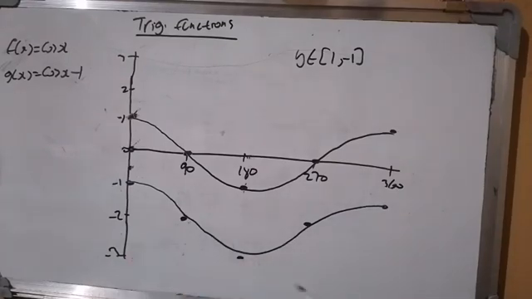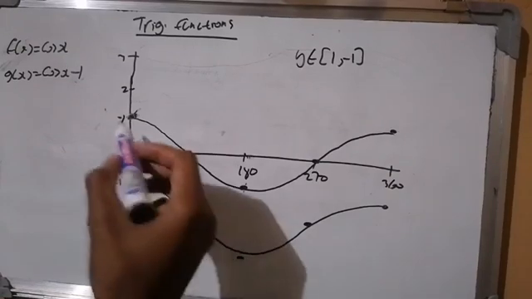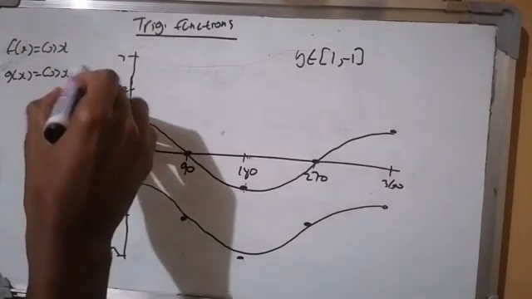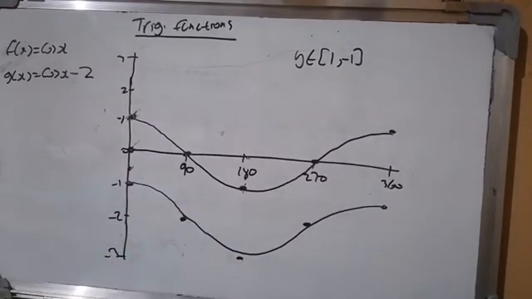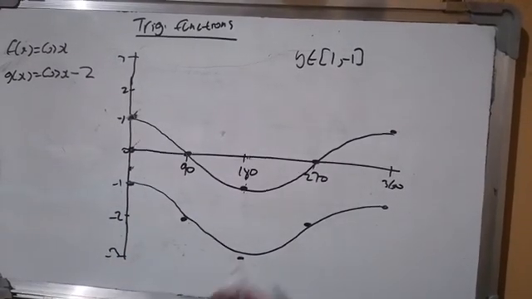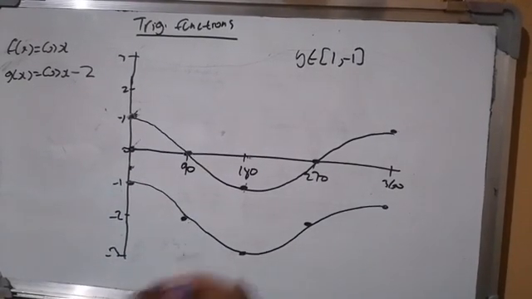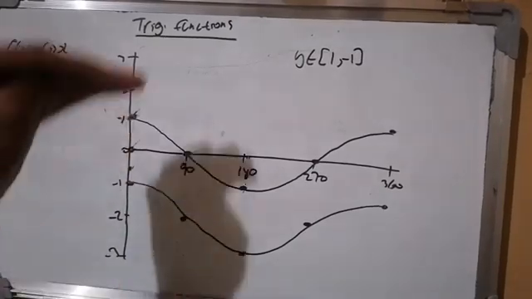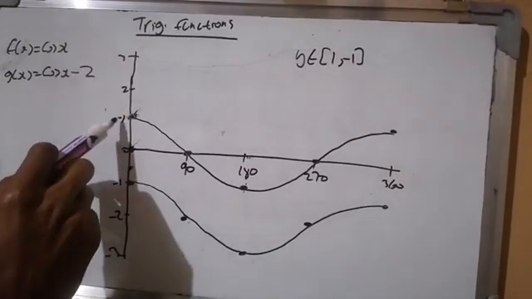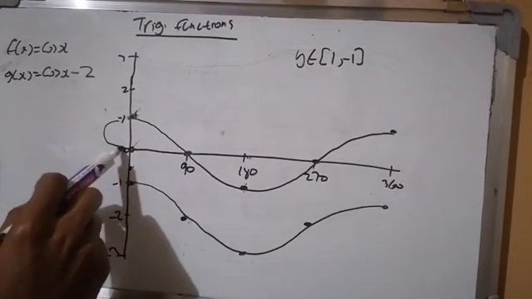So since it's -1, your graph will be, let's see, I think it went 2 units. Let's make it 2, because I can see that I used a 2. So yeah, let's use a 2. If we set a 2, cos x minus 2, it's going to go from -1 to 0 and to -1.